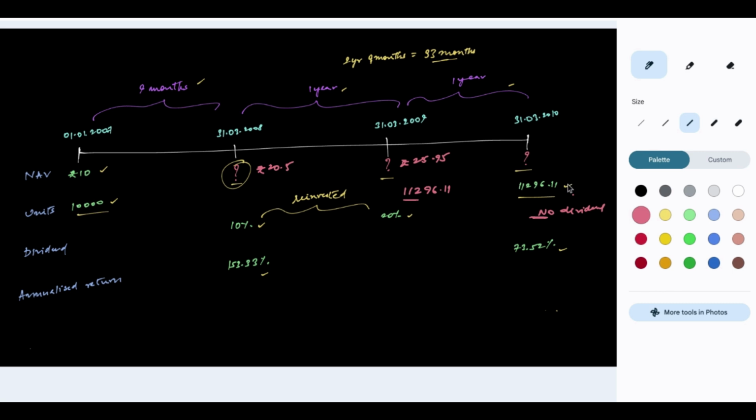Closing NAV into closing number of units minus opening NAV into opening number of units divided by opening NAV into opening number of units into 12 by this entire holding period, that is 33 months, right? That is 73.52%.